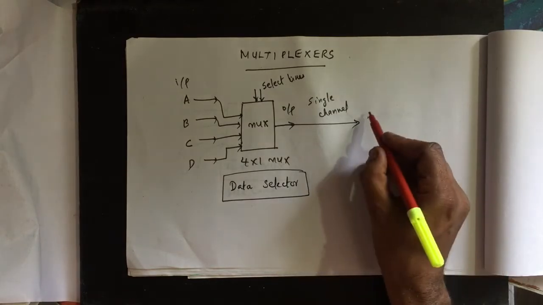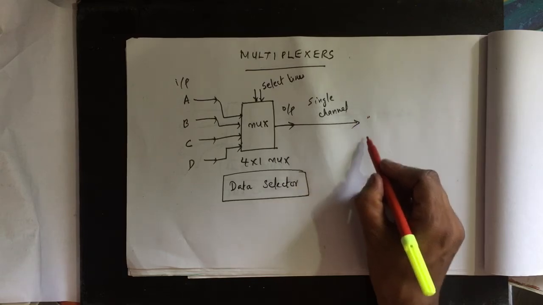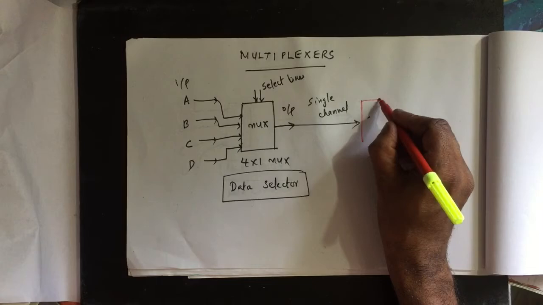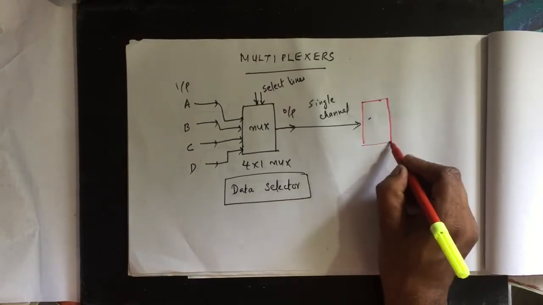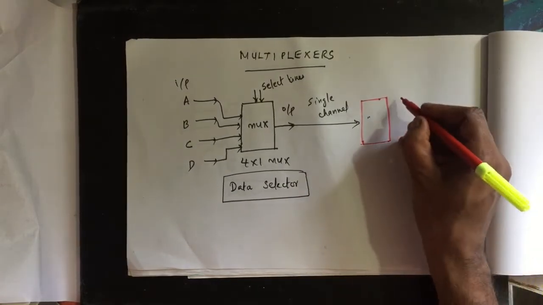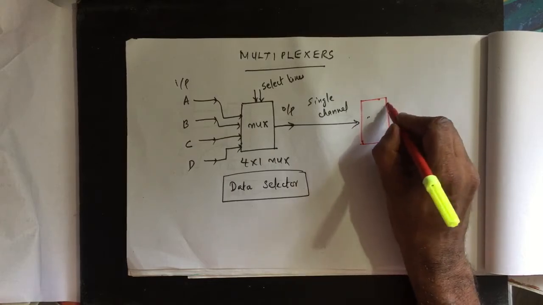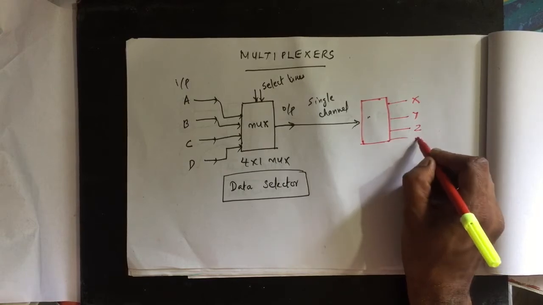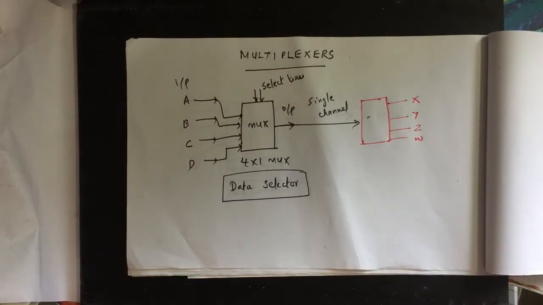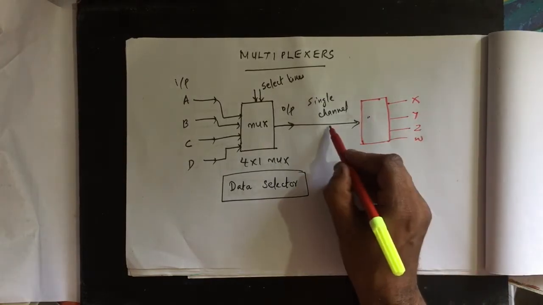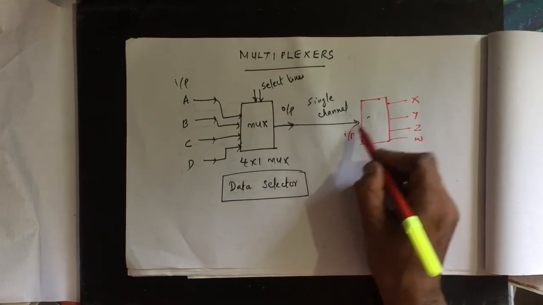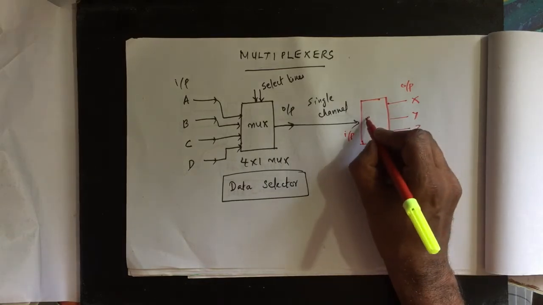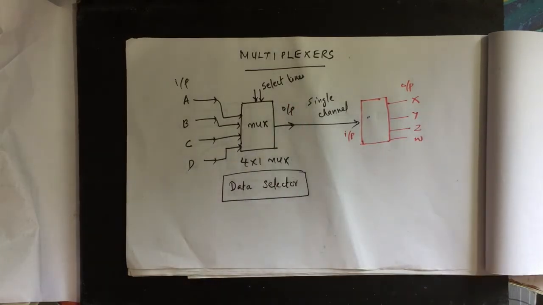Now let us see the other side. Suppose I want to distribute this data to different destinations. What shall I do? For example, I have to reach X, Y, Z, W, whatever it may be. Here I have a single input and many outputs, and this device works as the opposite of multiplexing.